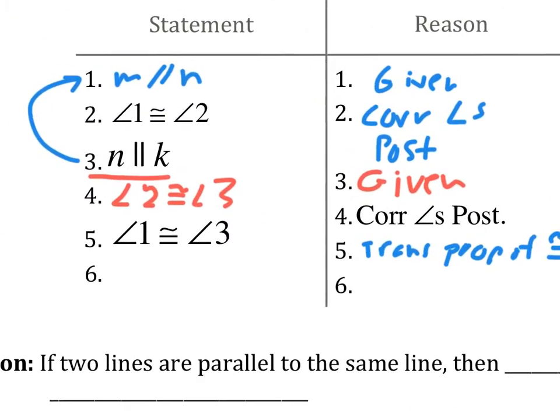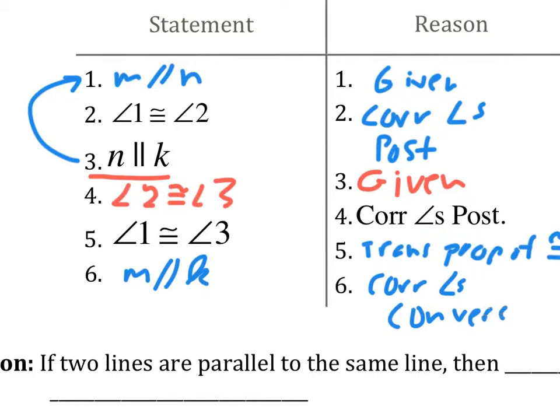So my conclusion here is that M is parallel to K because of the corresponding angles converse. Remember when we use the converse? Converse is when we are starting at something like congruence and going to parallel. We use just the postulate or the theorem when we have parallel and we're going to congruence.